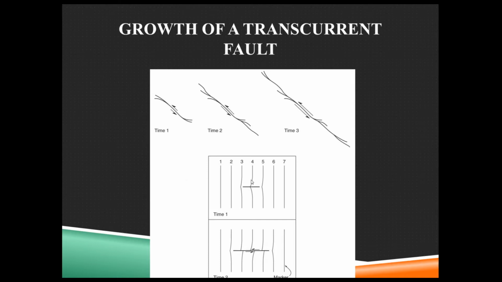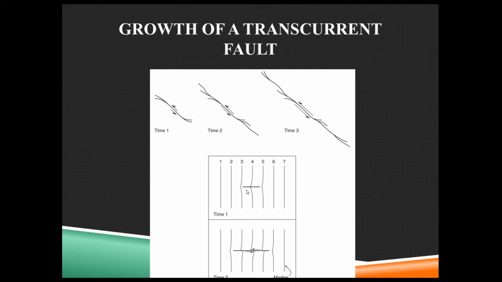When the fault is very young, it's only affecting a couple of them. As the fault ages and grows larger, it starts cutting across and deforming more and more of them.